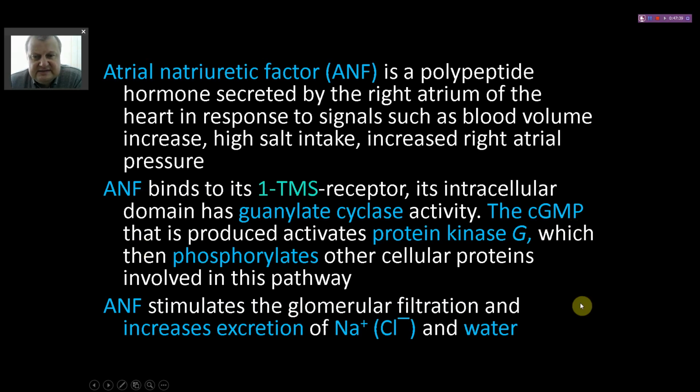And this secondary messenger, cGMP, activates the enzyme protein kinase G, which then phosphorylates other cellular proteins involved in this pathway. And this hormone stimulates the glomerular filtration and increases excretion of sodium, with chloride ions, and also water.